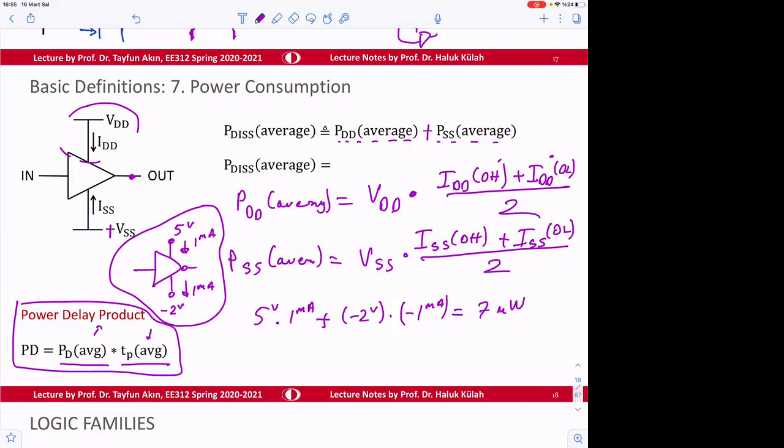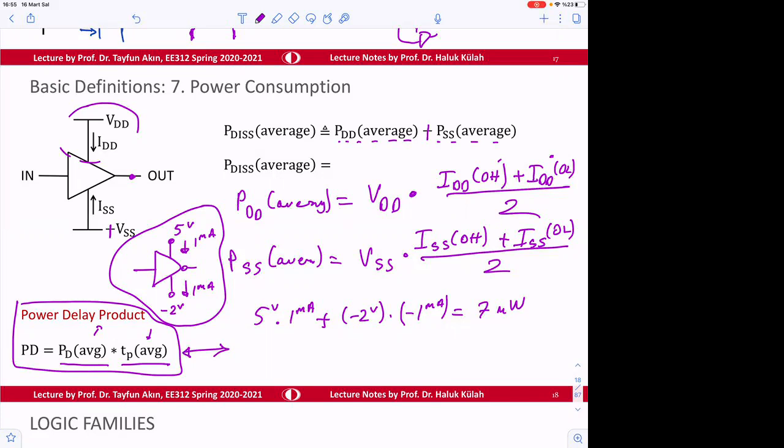So if you increase the power dissipation, you can reduce the delay. But typically, for a technology, this power delay product becomes fixed. So it's not so good to change the resistance values to increase or decrease the power dissipation, because then the delay is going to change. To compare different technologies, we compare them not only by delay, not only by power, but by the multiplication of those two. If the power delay product is lower, then we say this technology is better compared to the other technology.